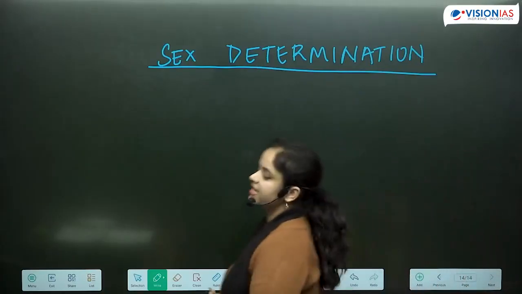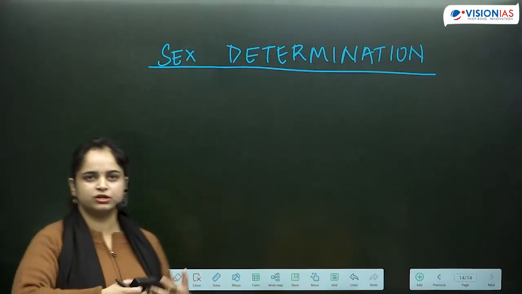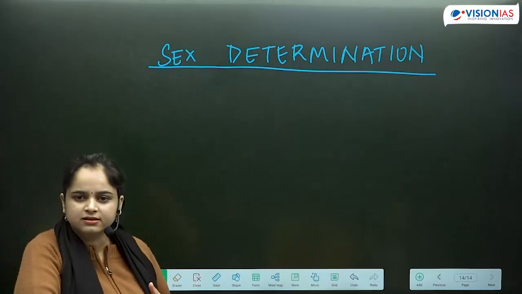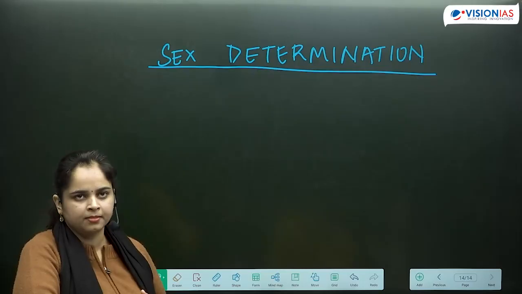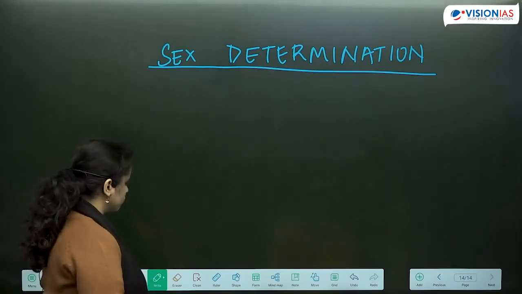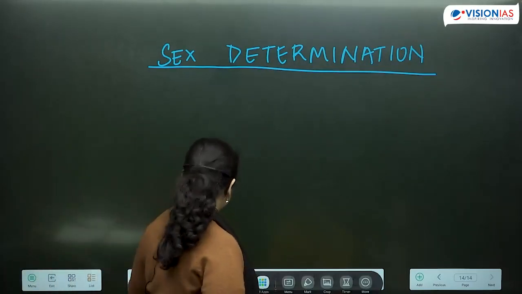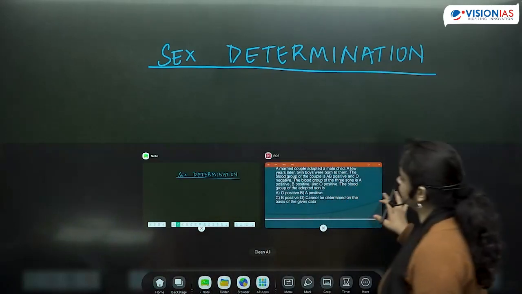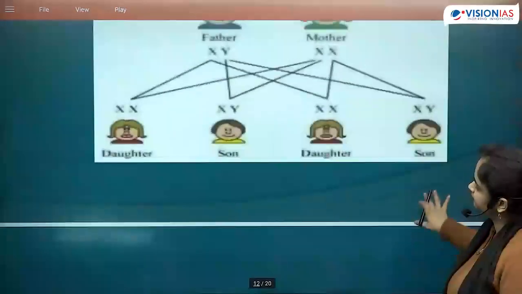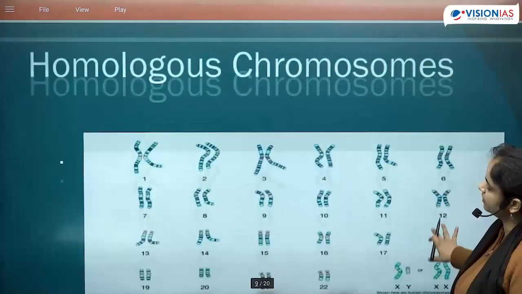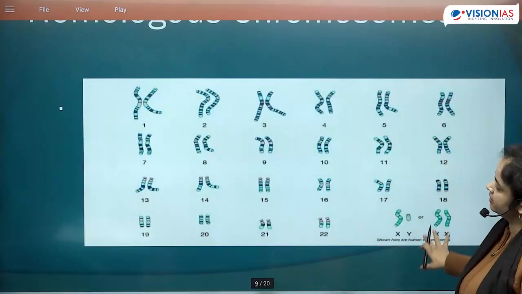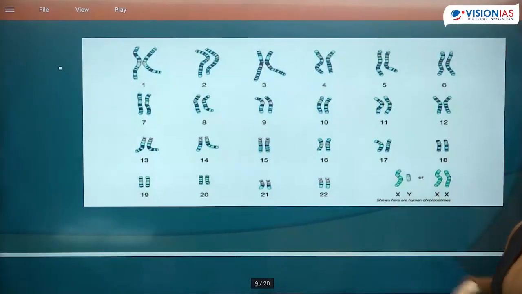Coming to sex determination, what is going to be the biological sex? Will it be a male? Will it be a female? When we look at our chromosomes, the image which we saw of the 46 chromosomes, this one. In this, we said we have 23 pairs of chromosomes.